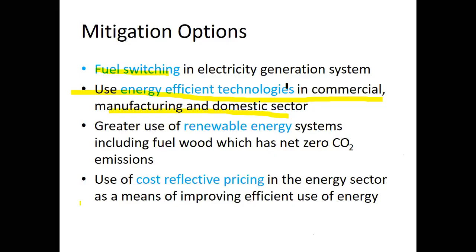One example, in our commercial or domestic sectors: instead of using tungsten bulbs or CFL bulbs, we can use LED bulbs. An LED bulb is an energy efficient technology. Likewise, there are many options.